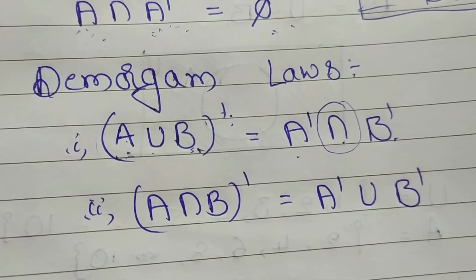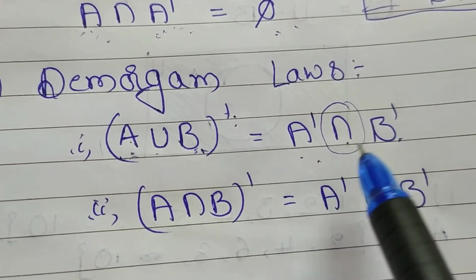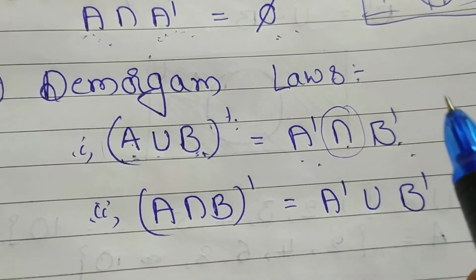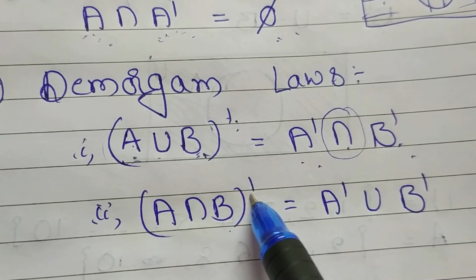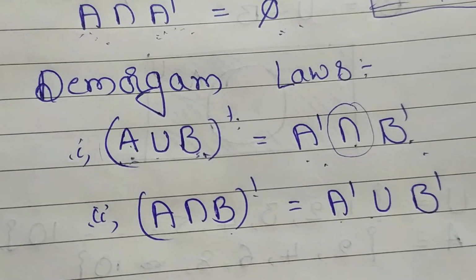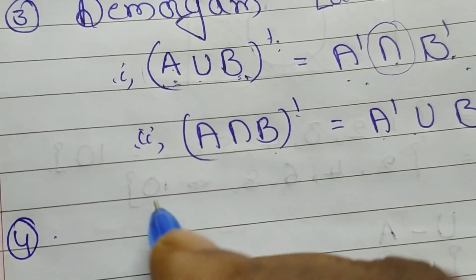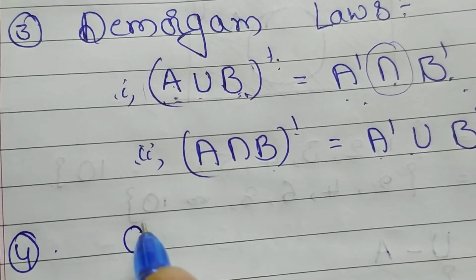So these you have to remember. A union B whole complement is A complement intersection B complement, and A intersection B whole complement is A complement union B complement.